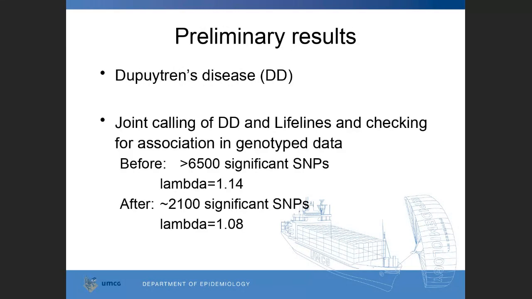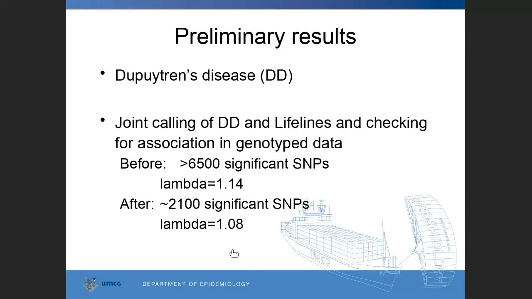As I said, we have been applying this to Dupuytren's disease, and we did it first without the joint calling, so genotype calling, of Dupuytren's and Lifelines. Then we found many significant SNPs and a high genomic control lambda. Now that we did the joint calling, the number of significant hits reduced to only a third, and this lambda was within an acceptable range.